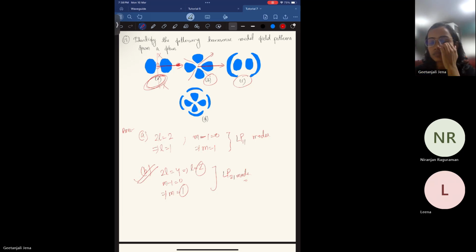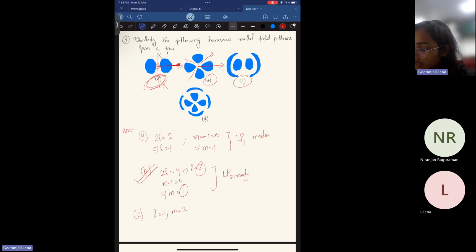Okay. What about option C? L is 1 and M is 2.